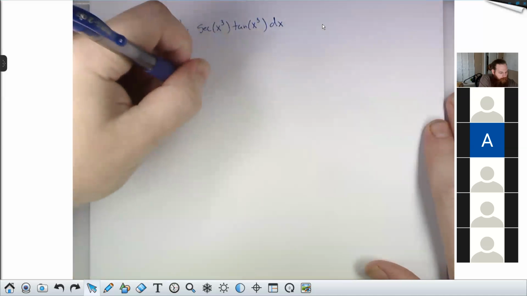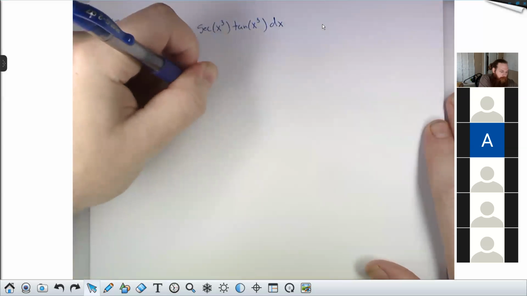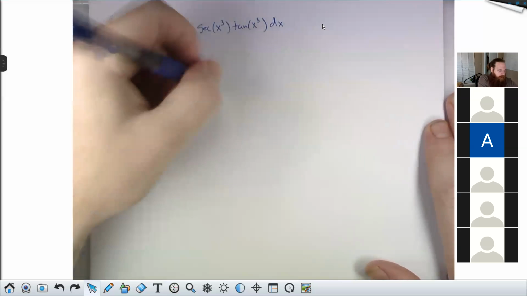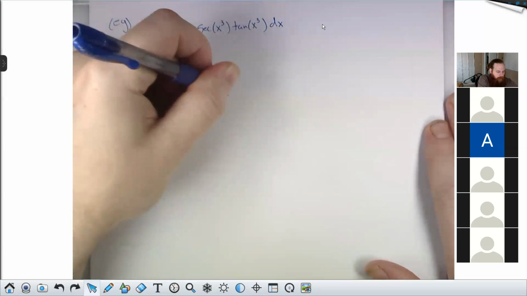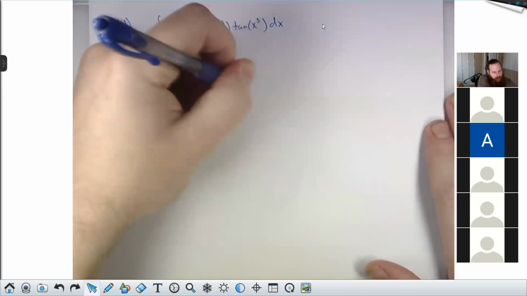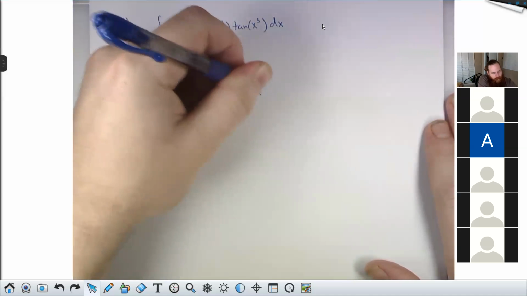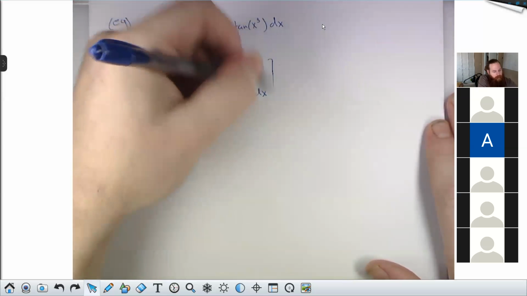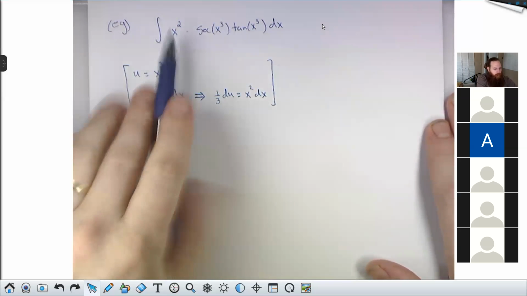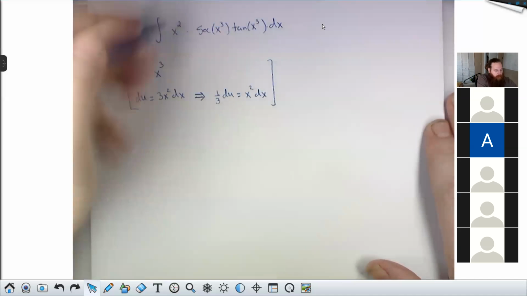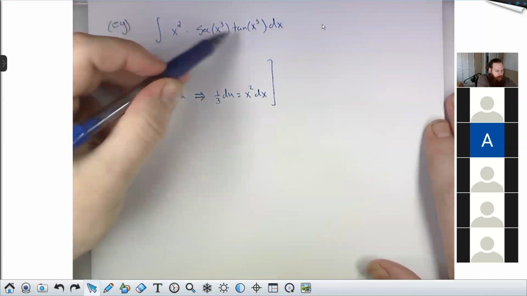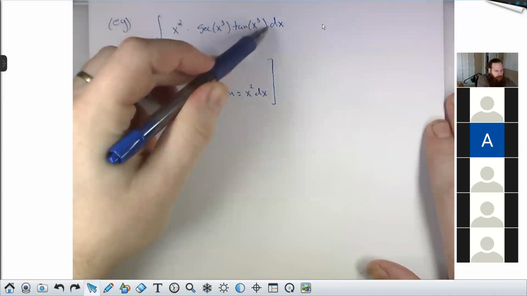Well, this tells me that 1/3 du is equal to x squared times dx. I'm going to write it like that. Because here, everything is being multiplied: x squared times secant of x cubed times tangent of x cubed times dx.